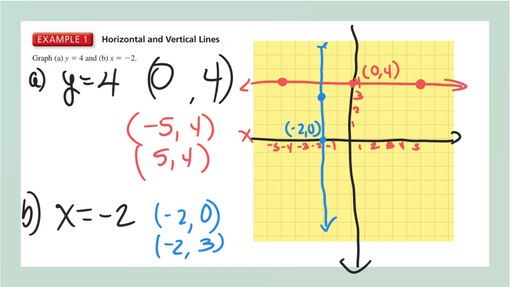What if I have (-2, -3)? Am I still on the line? Think about it this way: x is going to be -2 and any number for y; my x has to be constant at -2. Who doesn't understand this? All we're doing is horizontal and vertical lines.